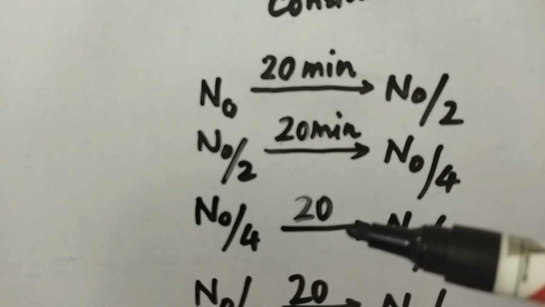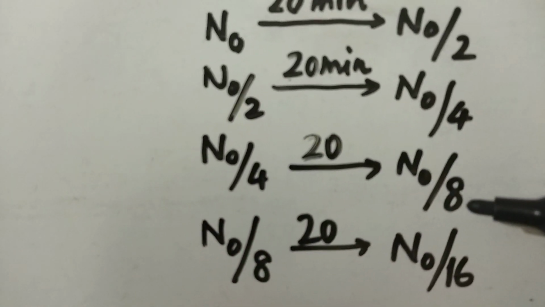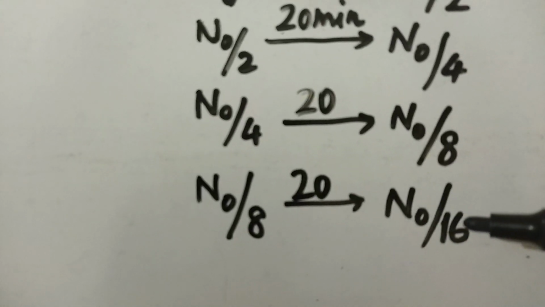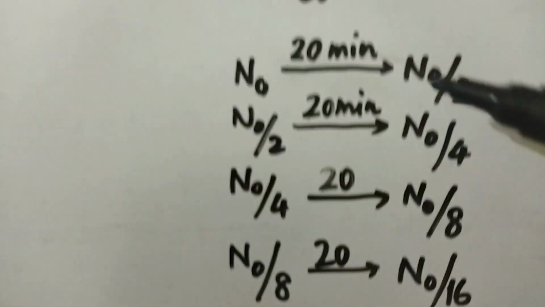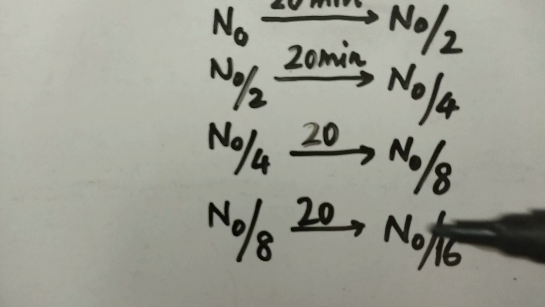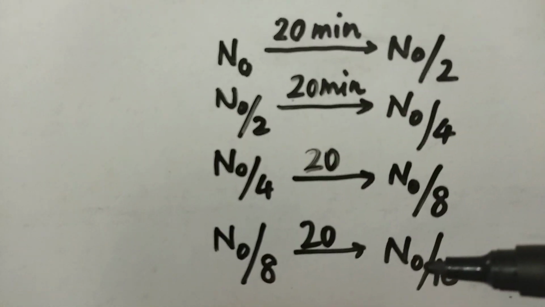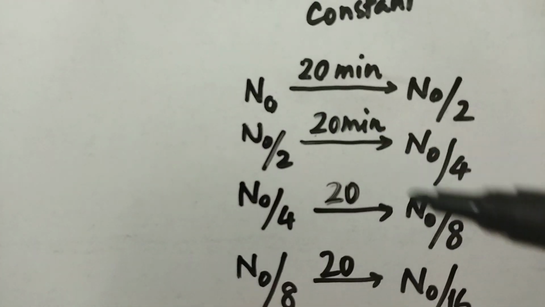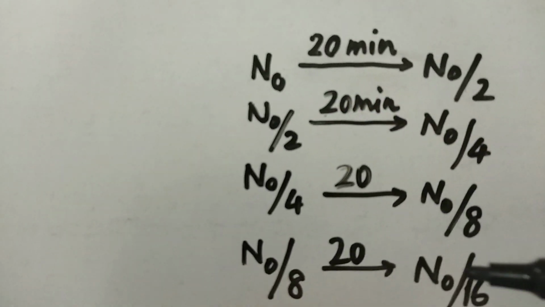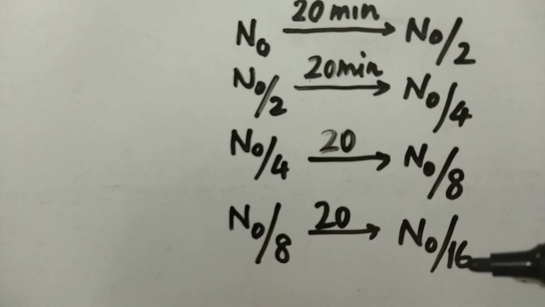Similarly, another 20 minutes, n naught by 8. Another 20 minutes, it becomes 1/16th of the original. So it amounts to the same thing, that the activity has come to 1/16th.